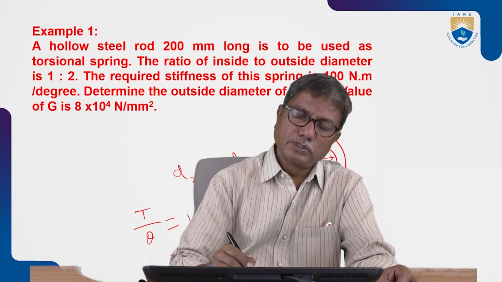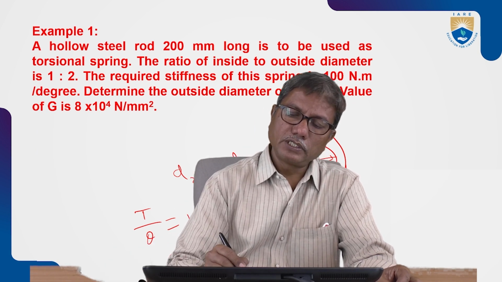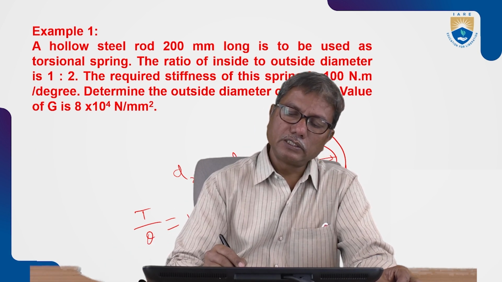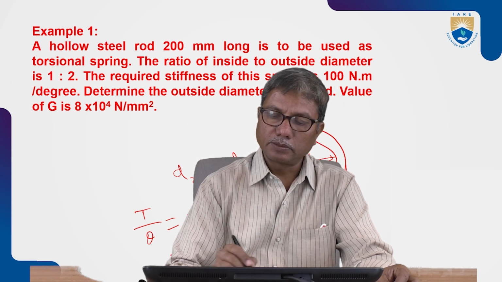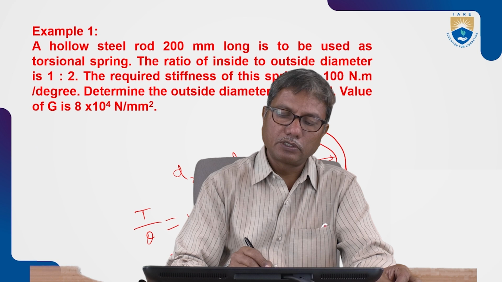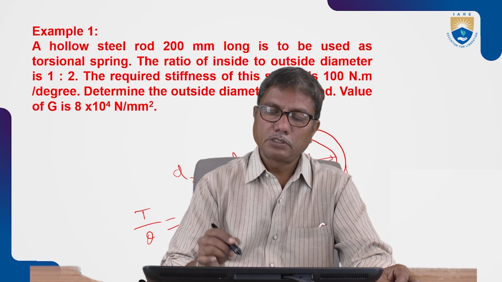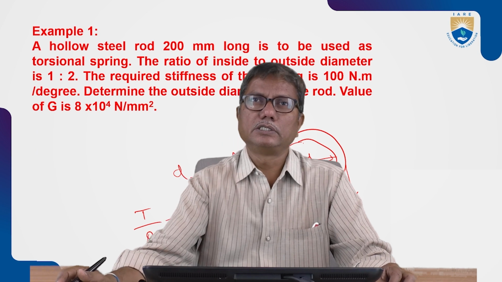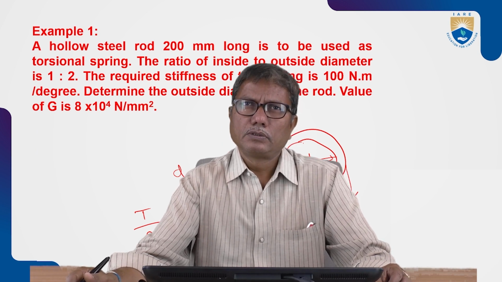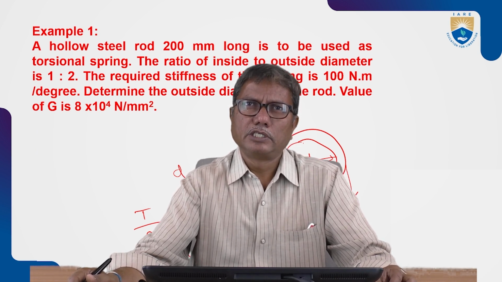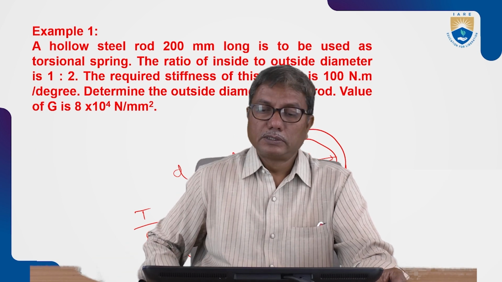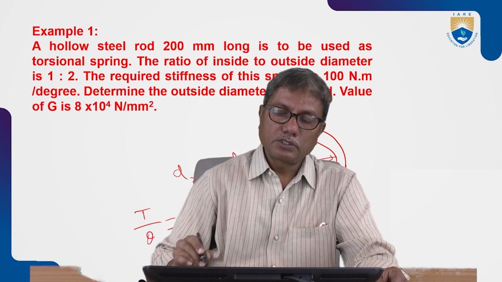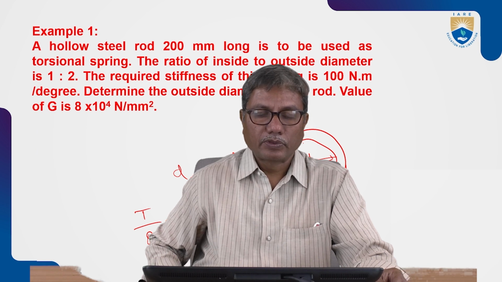So it is in the denominator, pi by 180 radians. When this comes to the numerator, it becomes 180 by pi. So 100 into 180 by pi Newton meter per radians. That is the value of stiffness expressed in Newton meter per radians.